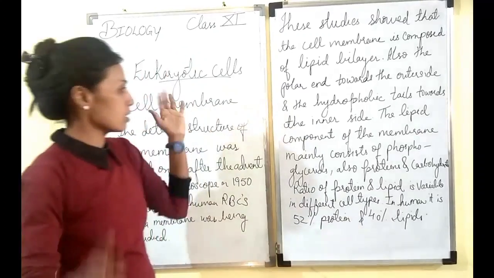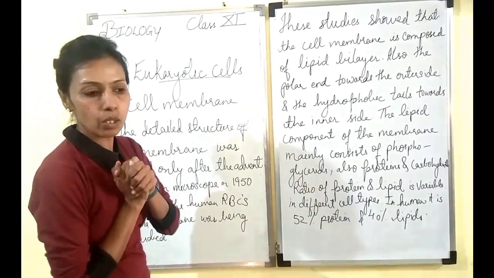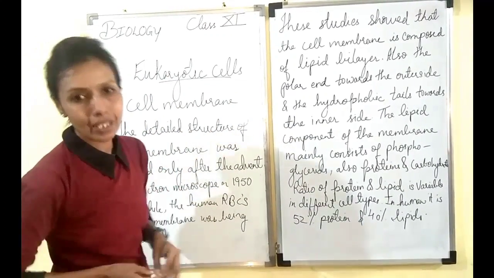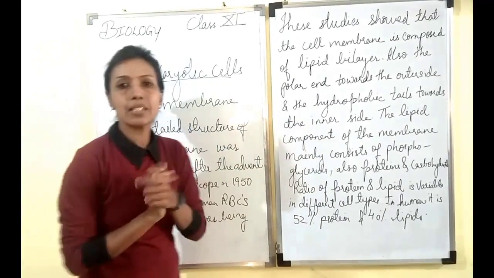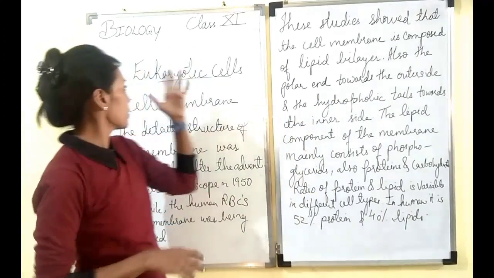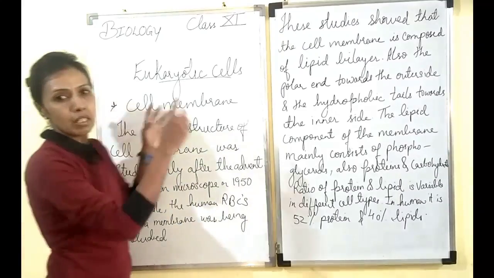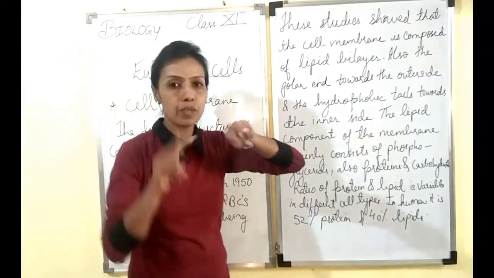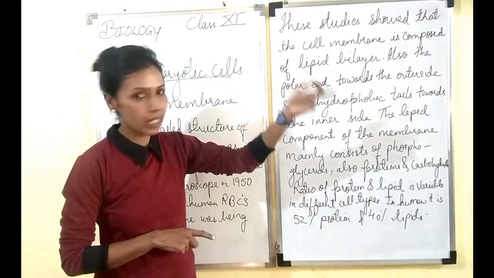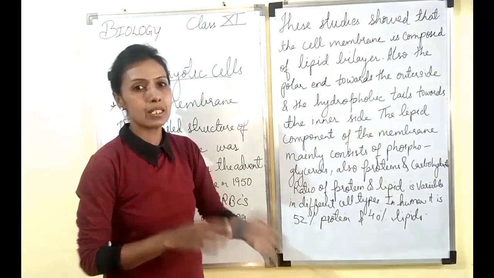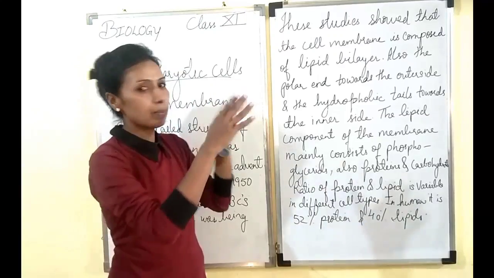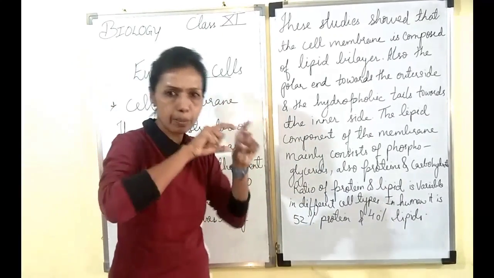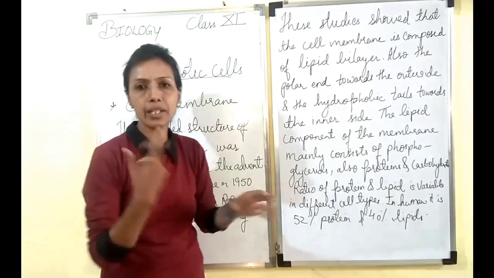So students, today we have studied the important cell organelles present in eukaryotic cells. We started with the cell membrane, its structure and composition, basically a lipid bilayer, then the fluid mosaic model, and how you can divide the cell membrane into two major components, the phospholipid layer, cholesterol and proteins.